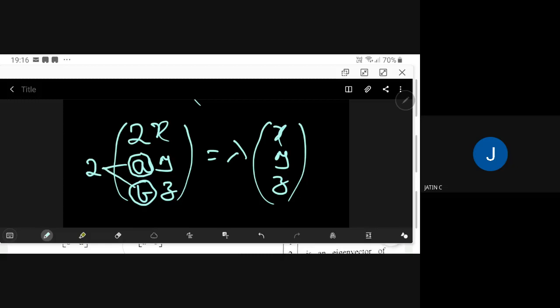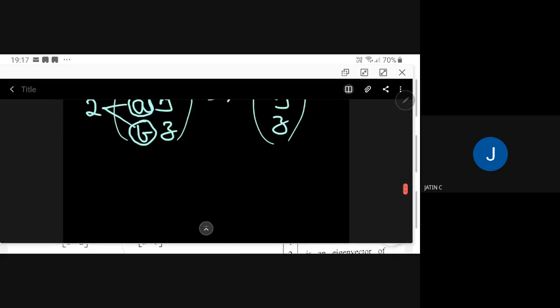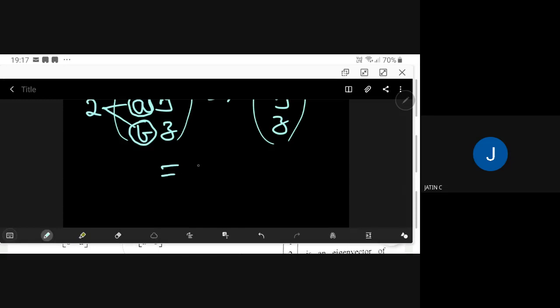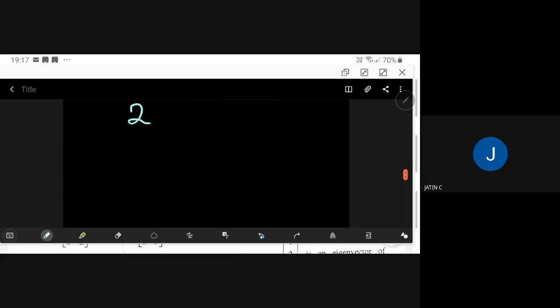Then our lambda becomes 2 into x, y, z. So our A and B must be 2. By keeping this result in mind, I have written the solution for the first problem here.